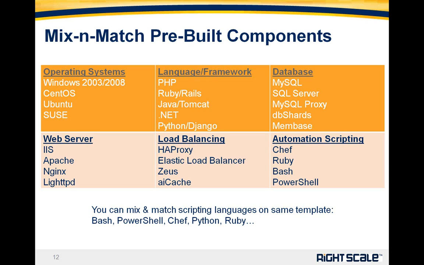So if your environment uses, let's say, MySQL and Tomcat, go ahead and match those components in deployment and get running. We also have different types of load balancers and web servers. Another key thing to point out is that you can mix and match scripting languages even on the template. So for example, in Windows, you can have both PowerShell scripts and Chef scripts on the same template.